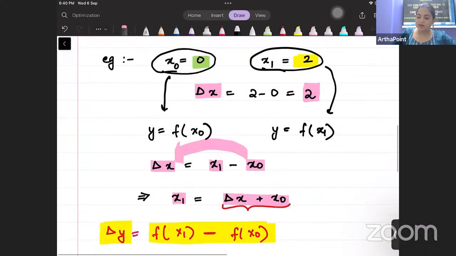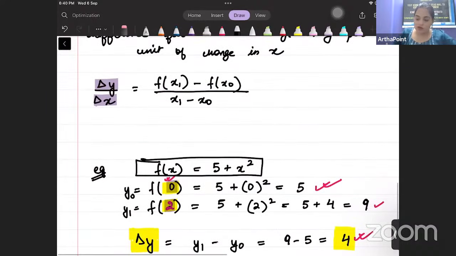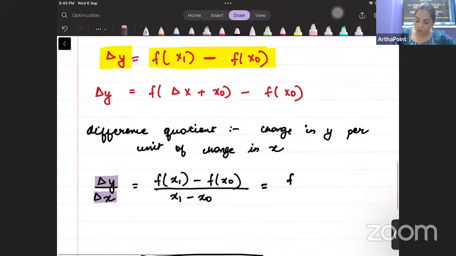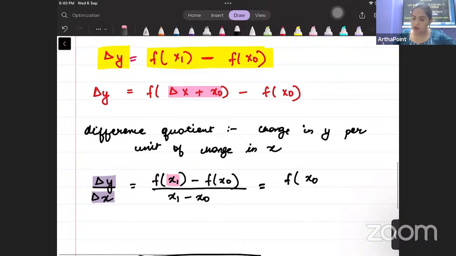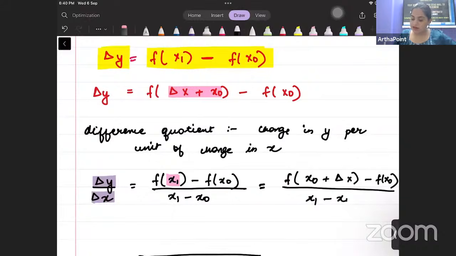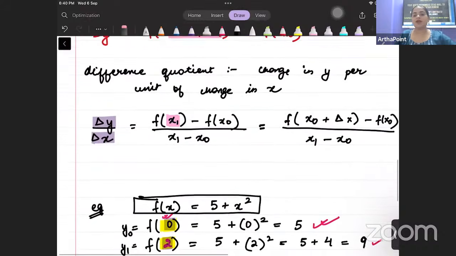This one, x1 minus x naught. Can I also write this as f of instead of x1, can I write this? I can. So I will write this as f of x naught plus change in x minus f of x naught upon x1 minus x naught. Clear हुआ?